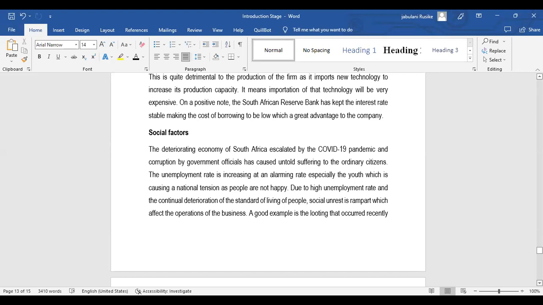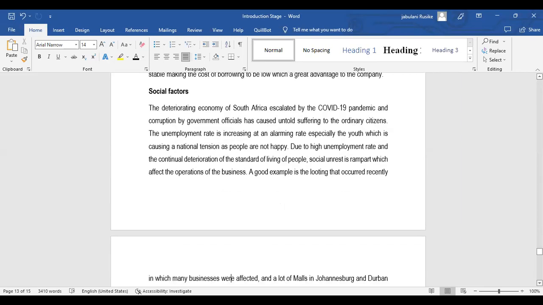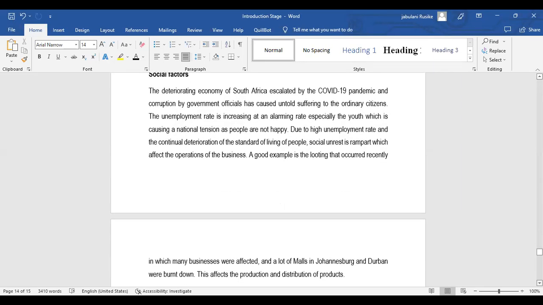In this case, some workers also might demand higher salaries from the organization because the cost of living is going up. Because here in South Africa, there are trade unions, so there are unions who would advocate for higher salaries for their employees because of the high cost of living that they are facing.